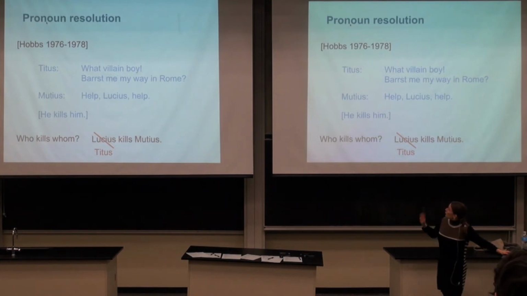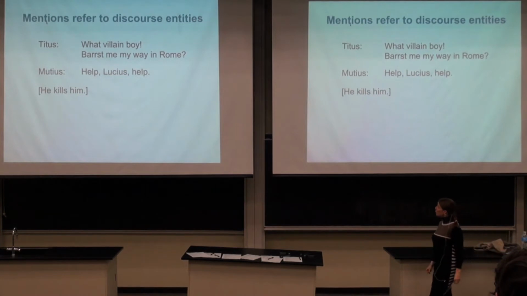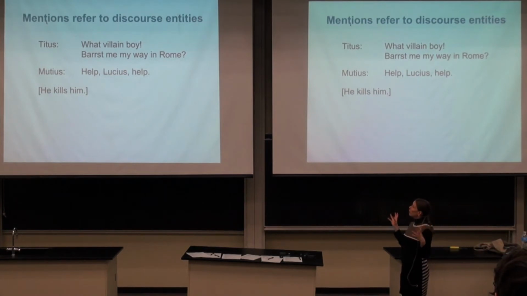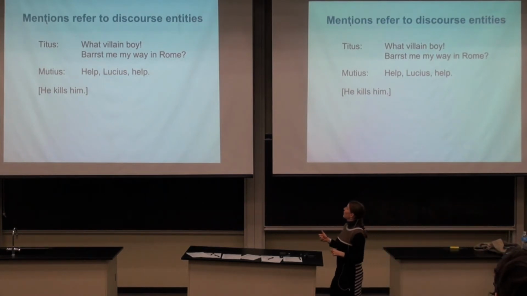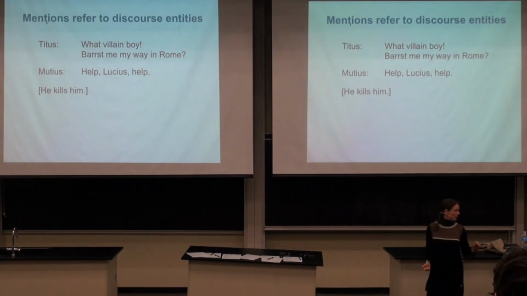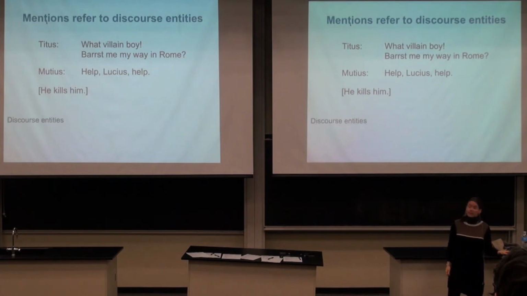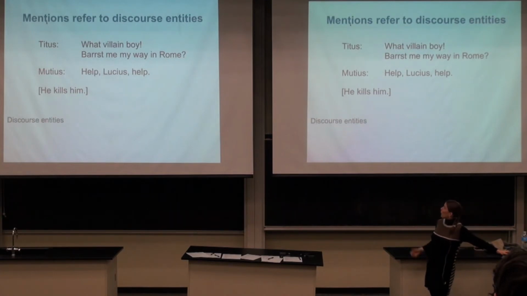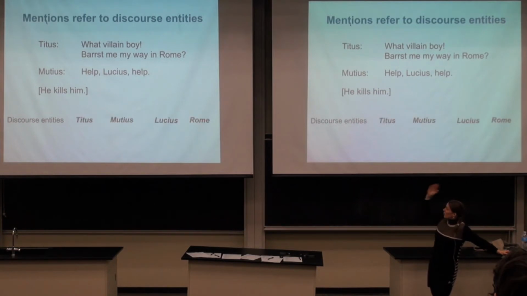And just to make sure we all use the same terminology, I'm going to refer to mentions. In a text, we have different ways of mentioning discourse entities. So in this little snippet here, what are the discourse entities that we are talking about? We are talking about Titus, Lucius, and Rome.